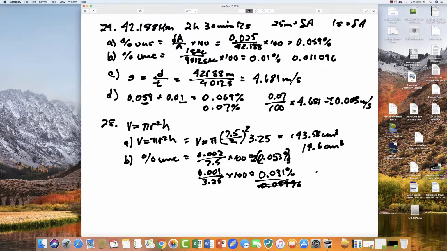If you do that, you get 0.14% uncertainty total. If you take the volume that you calculated and multiply it by the uncertainty over 100, it gives you 0.197 cubic centimeters. So it's plus or minus 0.197 cubic centimeters.